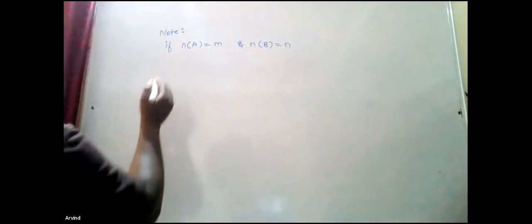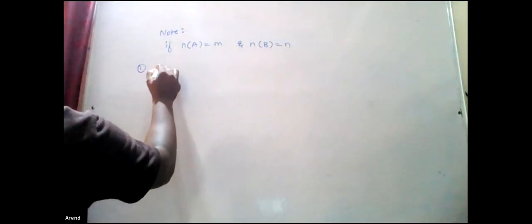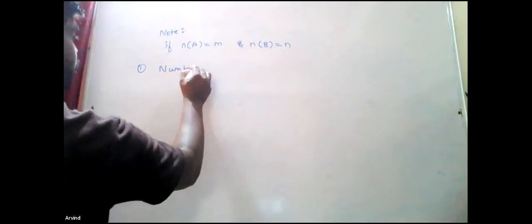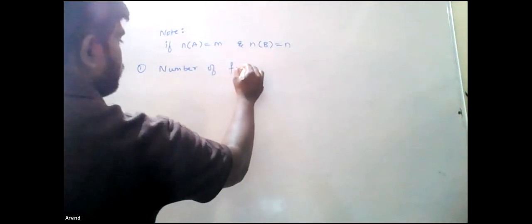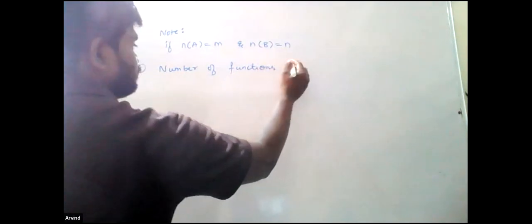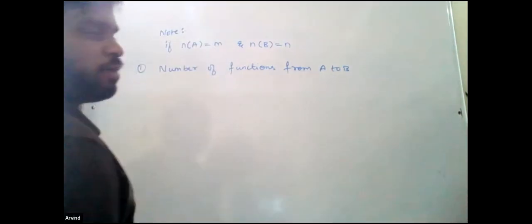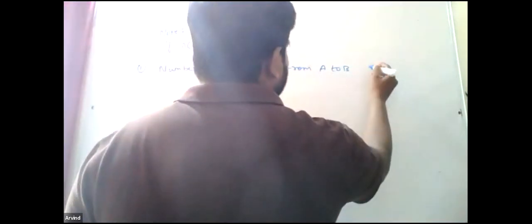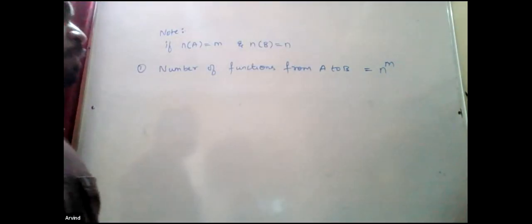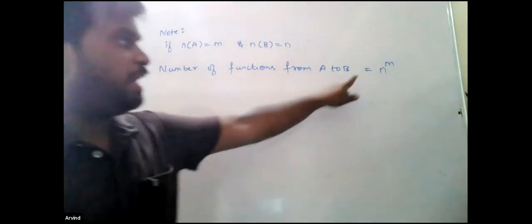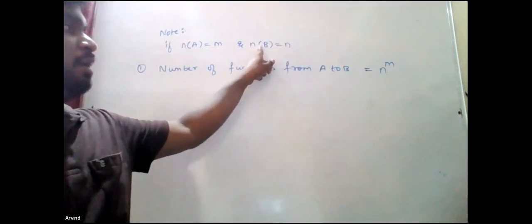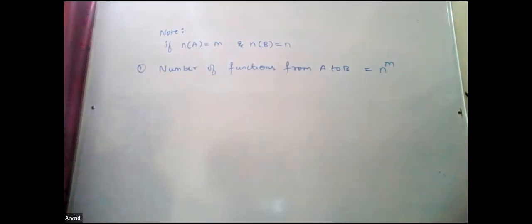Then the first one: the number of functions from A to B is equal to n power m, where n is the order of B and m is the order of A.